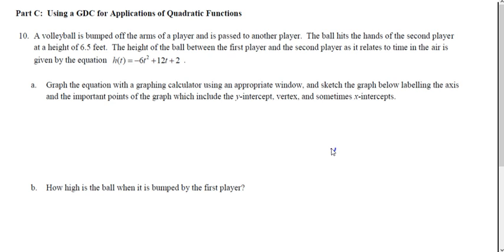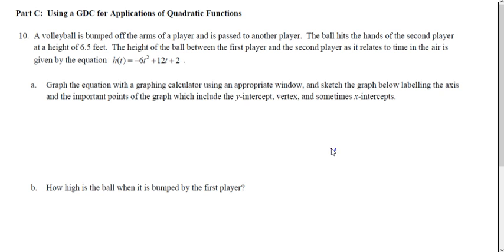And then it goes up in the air in an arc, we've all seen volleyballs. It's not only an arc, it's a parabolic arc. And then it hits the hands of the second player at a height of 6.5 feet. And this equation gives us the time between the bump at time 0 and the time that it hits at 6.5 feet.